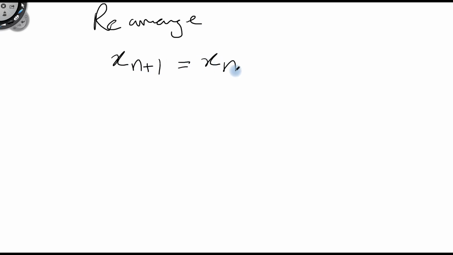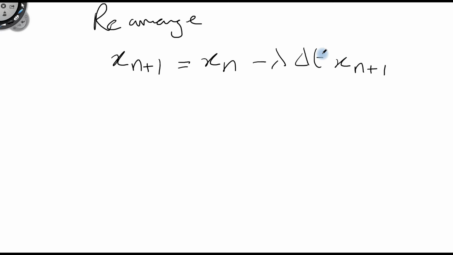So if we now rearrange this, do just a little bit of manipulation, we get x_{n+1} equals x_n minus lambda delta t x_{n+1}. Now this is an implicit method that is algebraically quite simple as well. But in general, if you have a right-hand side that is a more complicated function, or certainly a non-linear function, then this rearrangement is not so simple, and that's where all the extra computation comes in.